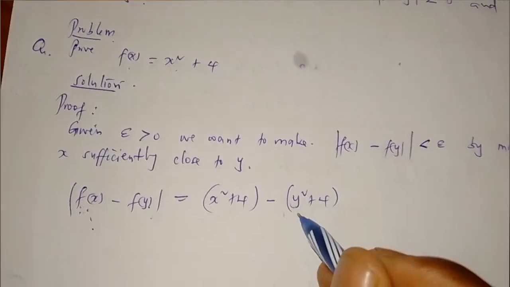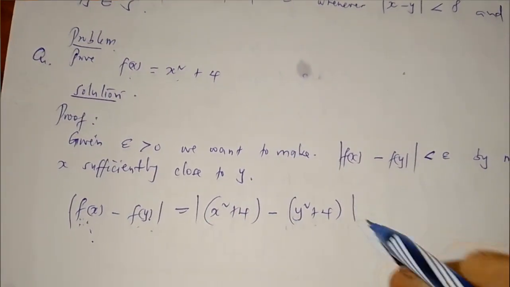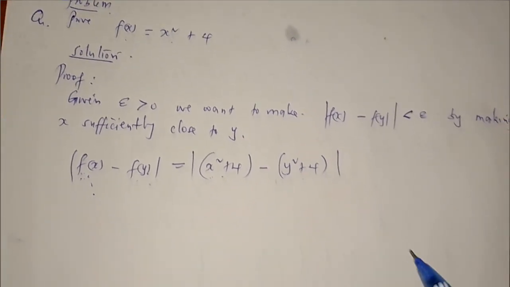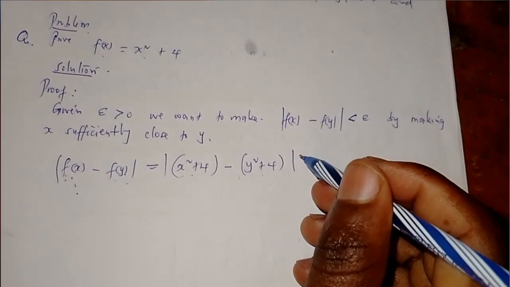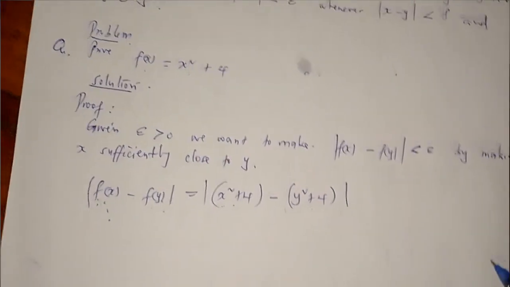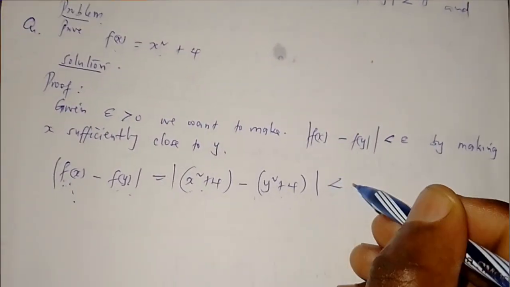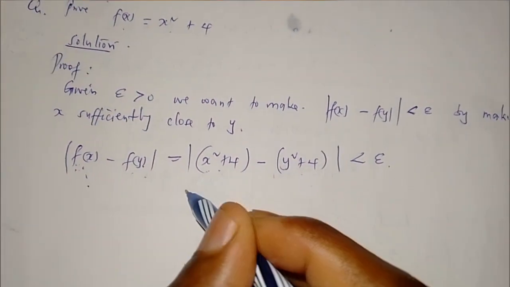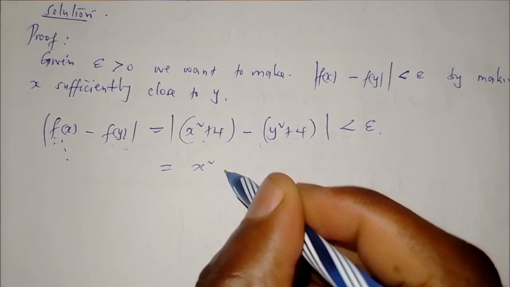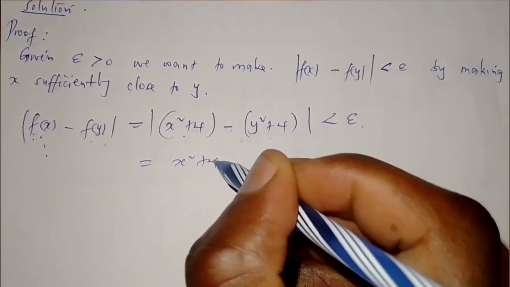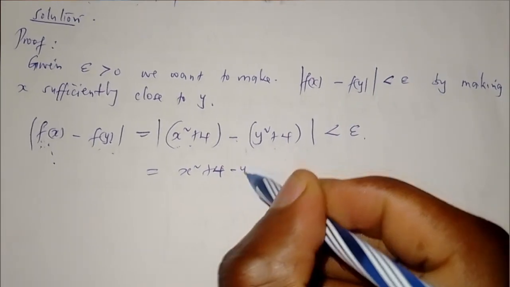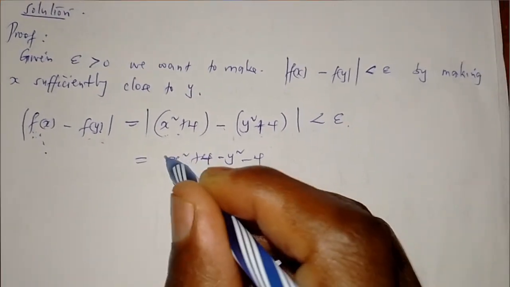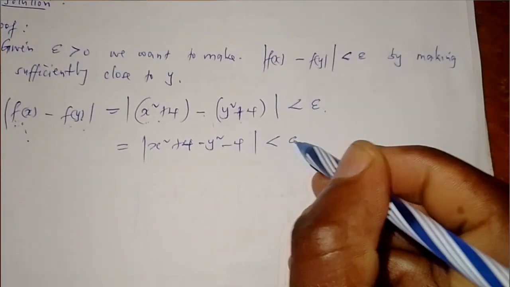This is f(x), then this is f(y). Remember this is less than epsilon. So we simplify this: x squared plus 4, this times this, negative times y squared is negative y squared, then negative times positive 4 is negative 4, less than epsilon.